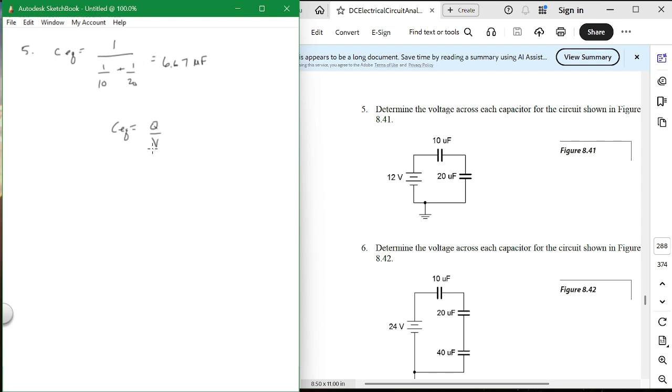Now we use the equation C equivalent is equal to Q over V. Now V here is what? 12. And C equivalent is 6.67. So what is Q?